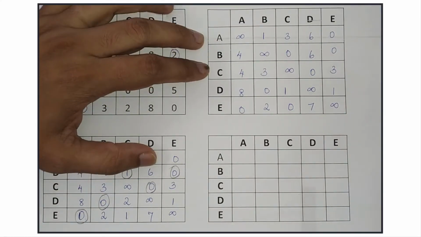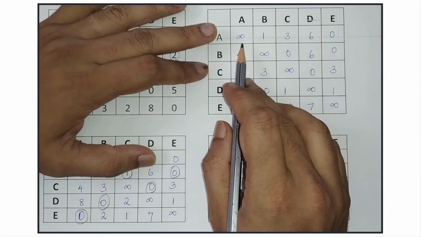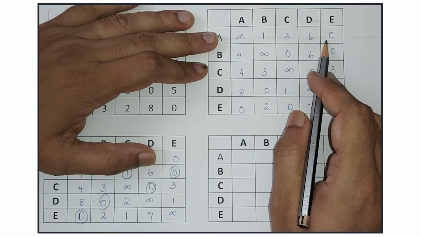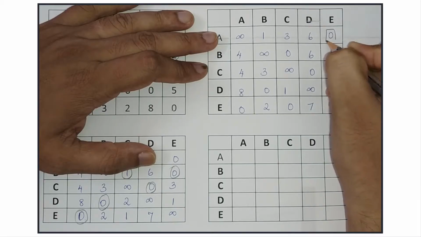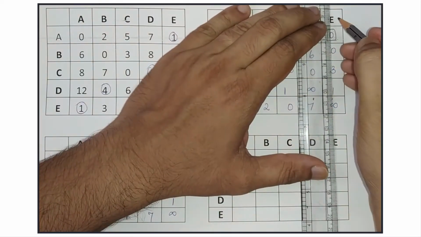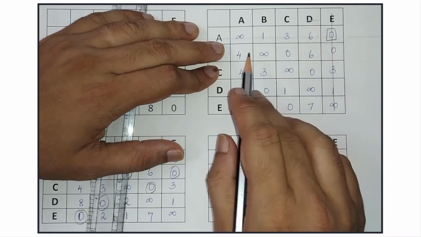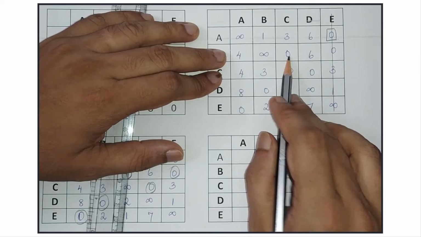Now we'll check for the assignments. Now we'll try to do the assignments. Look at the first row. Yes, there is a single 0 there. When there is a single 0, put a square around it and delete the entire column. We are going for row scanning. Now go for the next one. Here there is 1 zero.